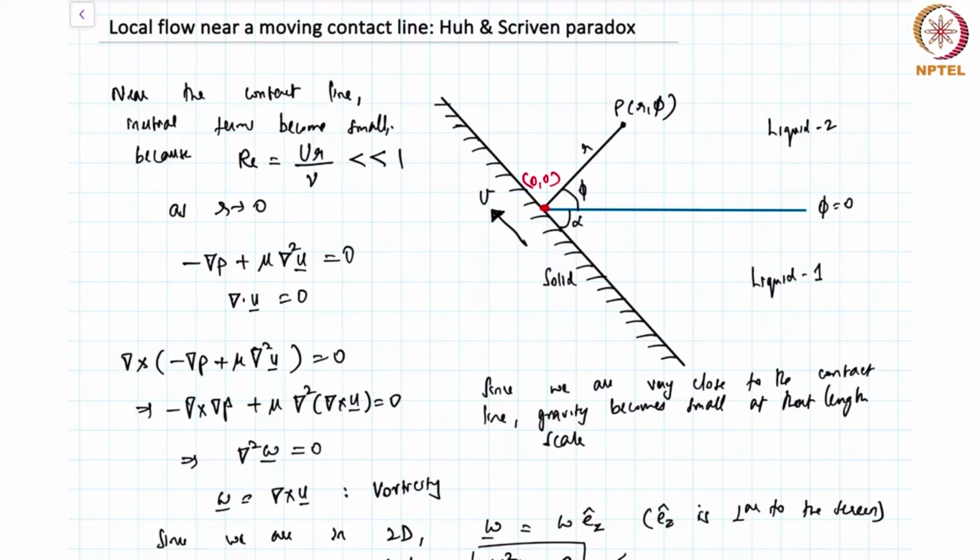The idea is that any point in the entire flow domain, whether it's in liquid 1 or liquid 2, can be obtained by just knowing the position r and phi. So typically liquid 1 is just liquid. Actually, instead of calling it liquid 1 and liquid 2, I should probably call it fluid 1 and fluid 2. And fluid 2 is typically a gas.